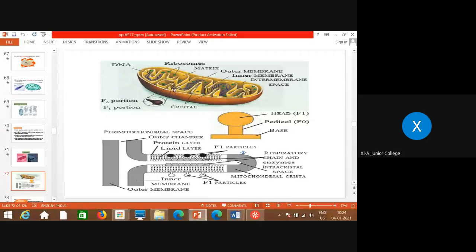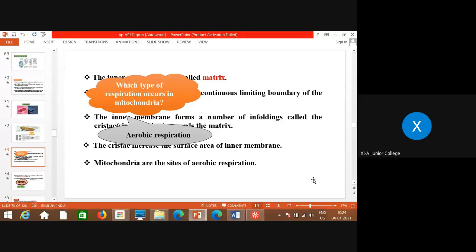And the most important part is the oxysomes, and the head is towards the matrix and the base is embedded in the inner membrane. So this head is in the matrix, whereas this base is embedded in the inner membrane. Remember that. Sometimes the students may make mistakes while drawing it. I will tell you again.